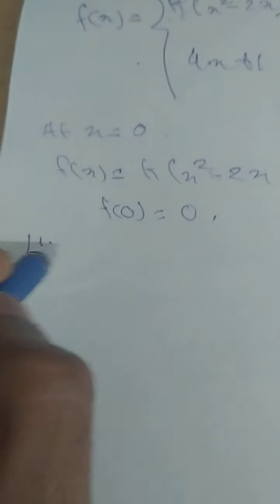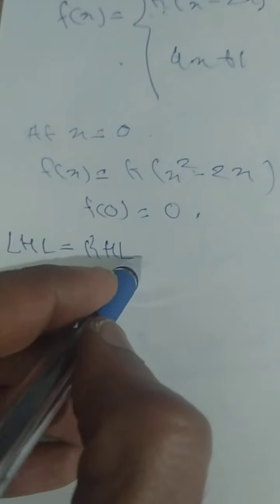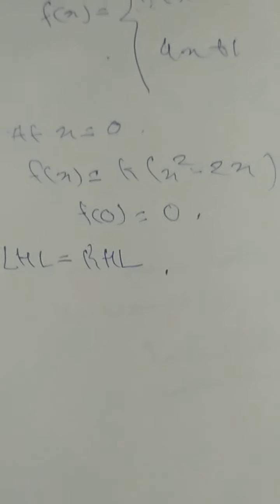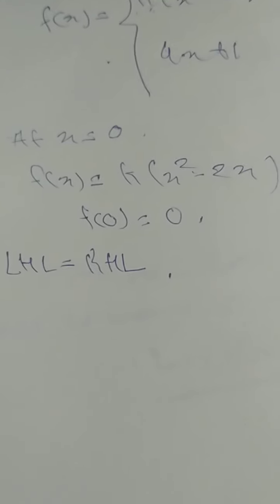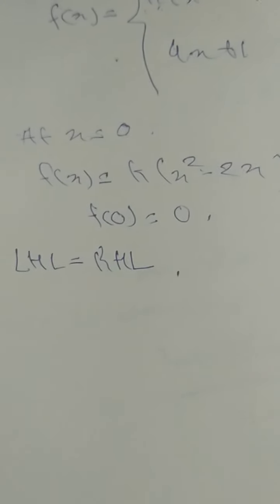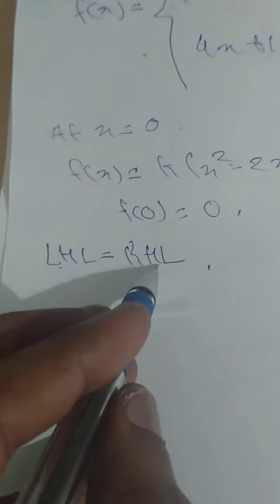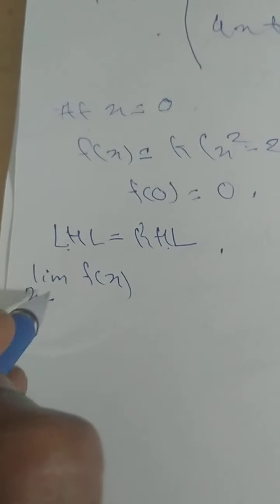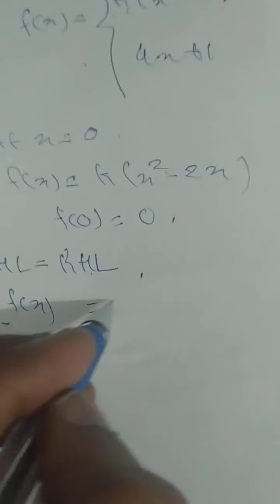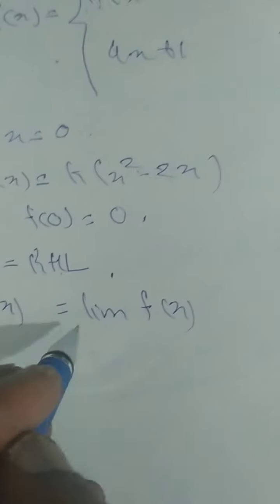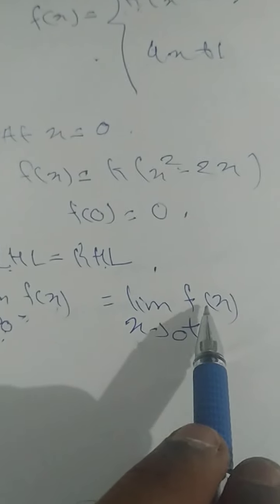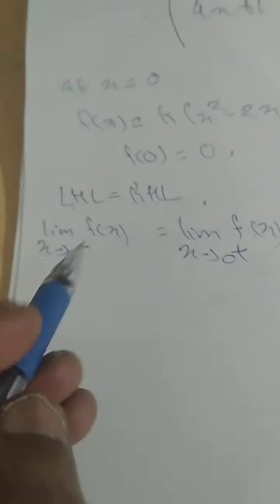LHL should be equal to RHL, because we have already considered that this function is continuous. Since LHL is equal to RHL, the limit of f of x as x tends to 0 minus should be equal to the limit of f of x as x tends to 0 plus.